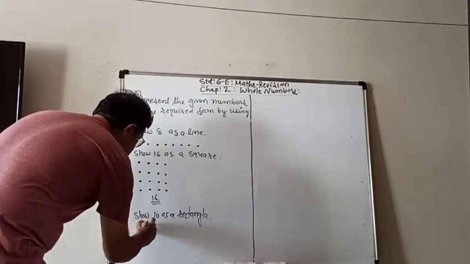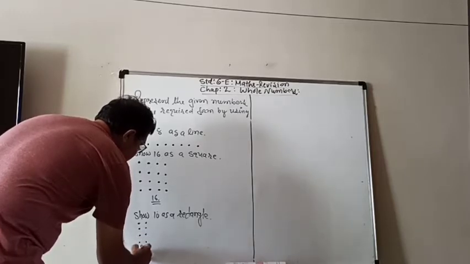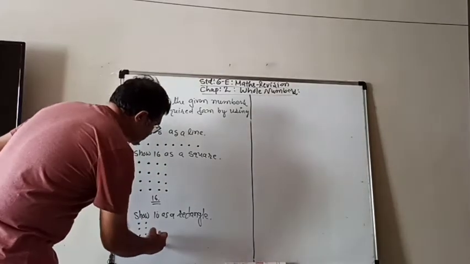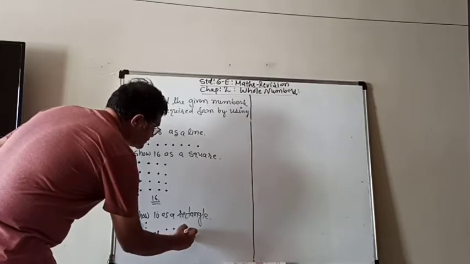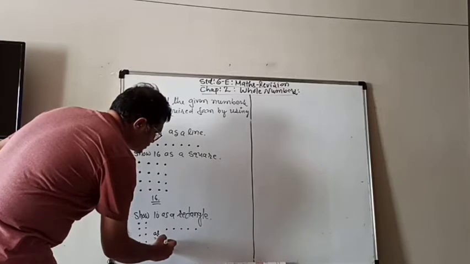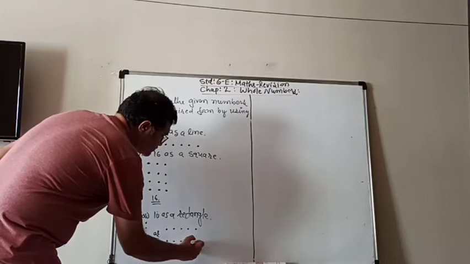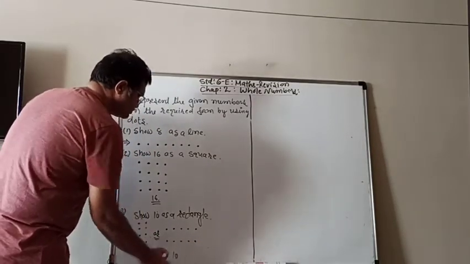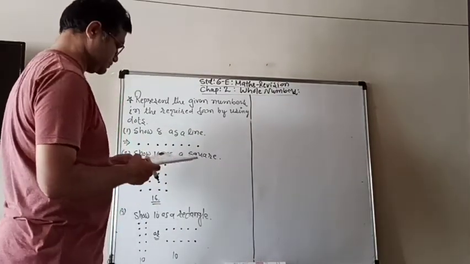So 1, 2, 3, 4, 5, 6, 7, 8, 9, 10. Or you present it like that also. 1, 2, 3, 4, 5, 6, 7, 8, 9 and 10. So that number 10 can be represented as a rectangle in two ways.